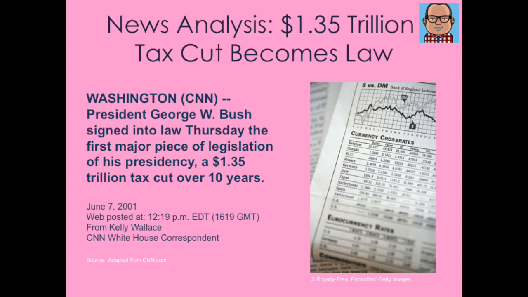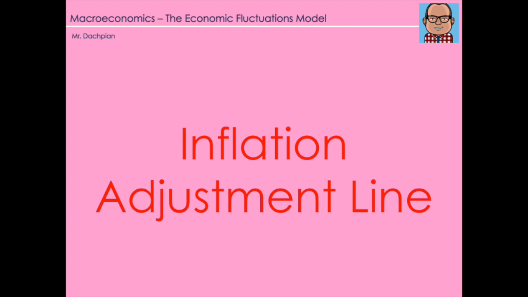Highlights of his tax cuts included up to a $300 rebate for single taxpayers, up to $600 rebates for joint filers, a $500 child tax credit, and a top rate cut from 39.6% to 35%. As the economy experienced a slowdown in 2001, the government reacted by decreasing the tax rates paid by consumers. The tax cut was expected to shift the aggregate demand curve to the right.